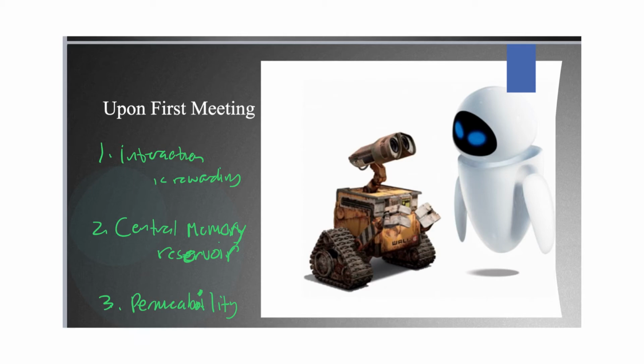When you have low permeability in a relationship, what that means is if I want to share personal information with you, it's going to take a lot of work. Like you're going to have to warm me up to the idea, and I may not tell you everything, and you might have to kind of fish it out of me because it's low permeability, because I don't really trust you or I don't really know you enough.